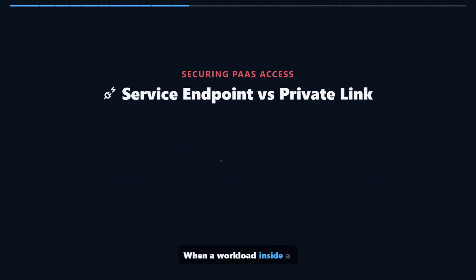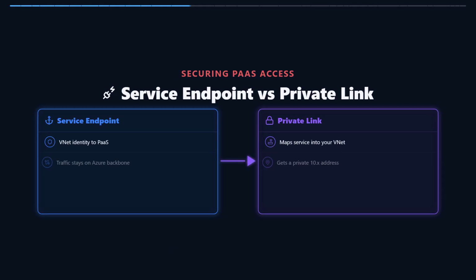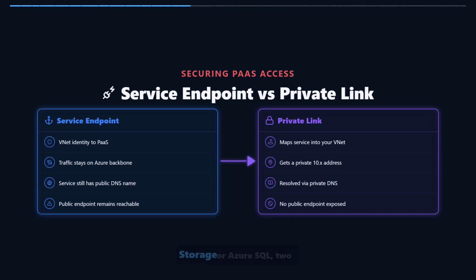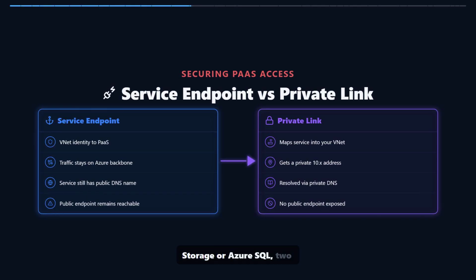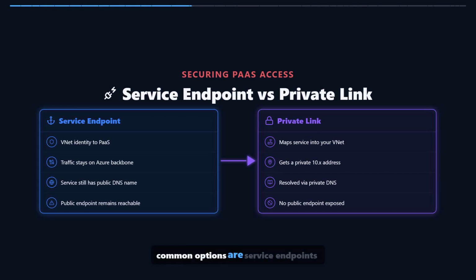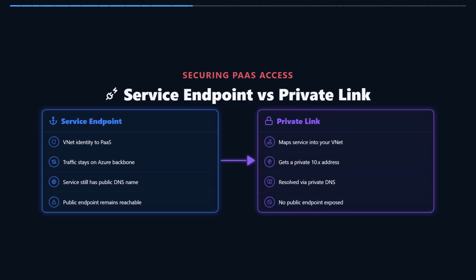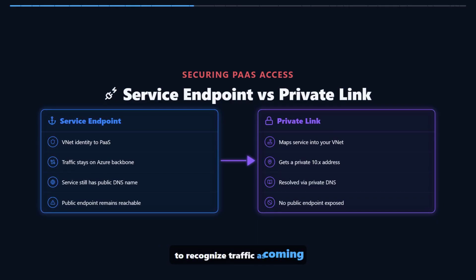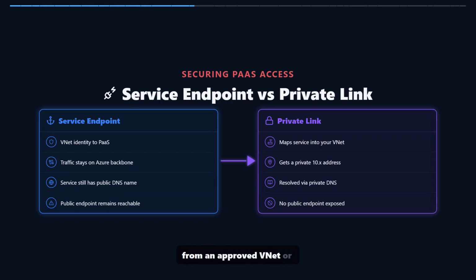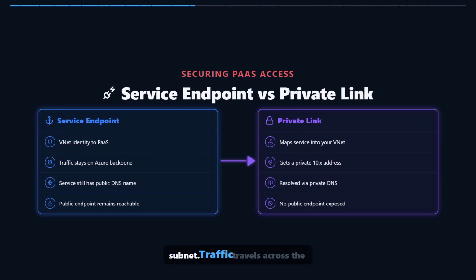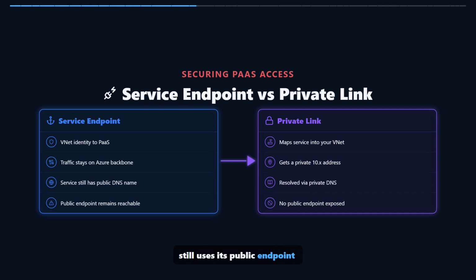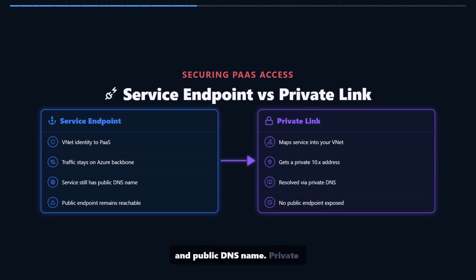When a workload inside a VNet needs to reach an Azure platform service such as storage or Azure SQL, two common options are service endpoints and private link. A service endpoint allows the Azure service to recognize traffic as coming from an approved VNet or subnet. Traffic travels across the Microsoft backbone, but the service still uses its public endpoint and public DNS name.